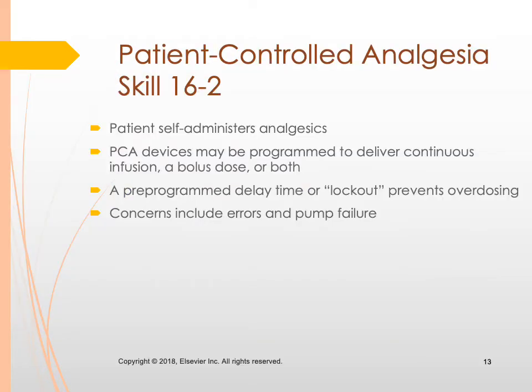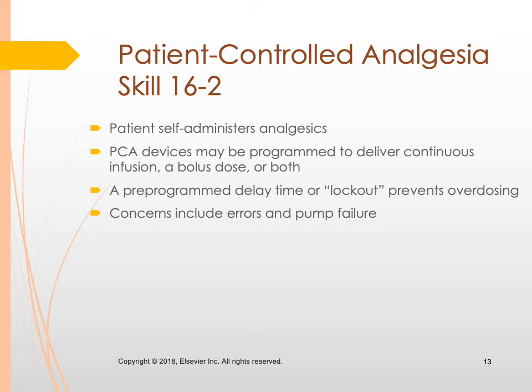So with the PCA device, it can be programmed to deliver a continuous amount of the medication, and oftentimes morphine and hydromorphone are some of the common ones that are used in the PCA.